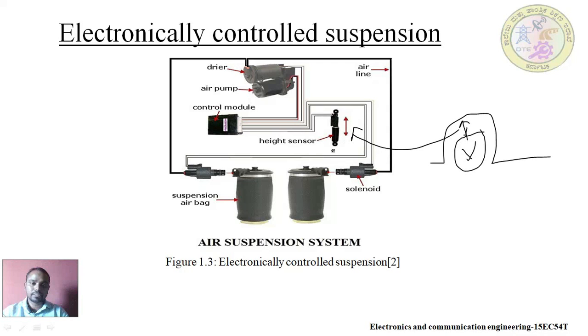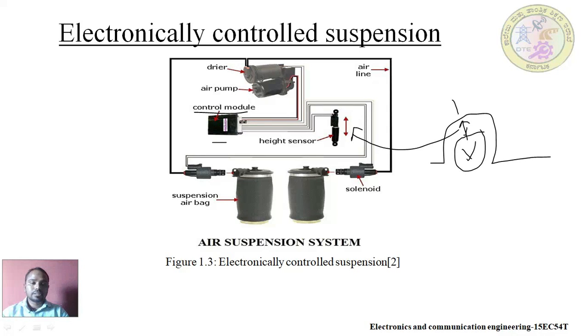This is the height sensor. This height sensor measures the distance between the car body and the wheel. Upon a change in this distance, this information is sent to the control module, which comprises a microprocessor or microcontroller.